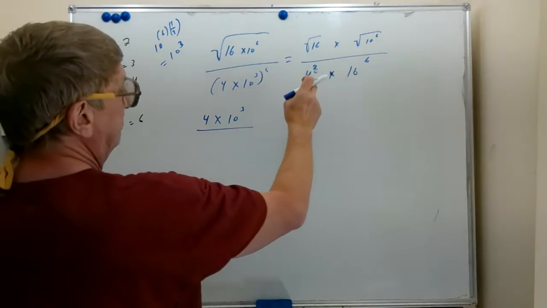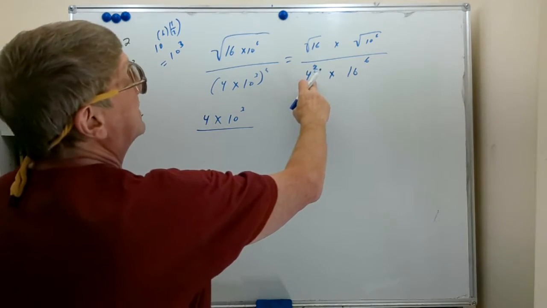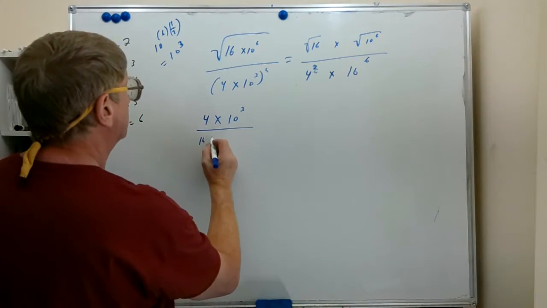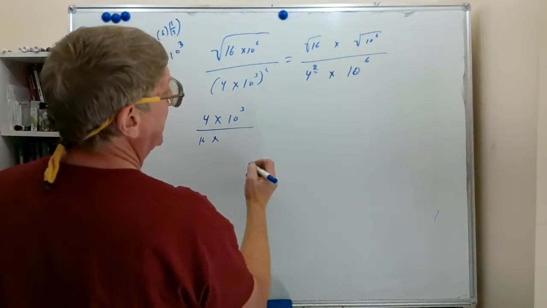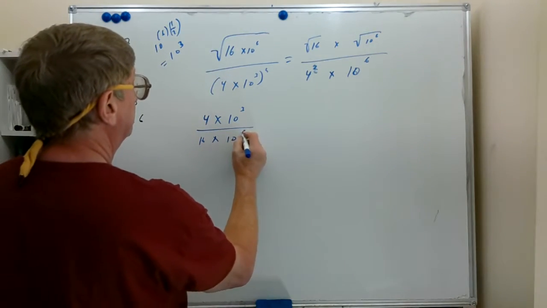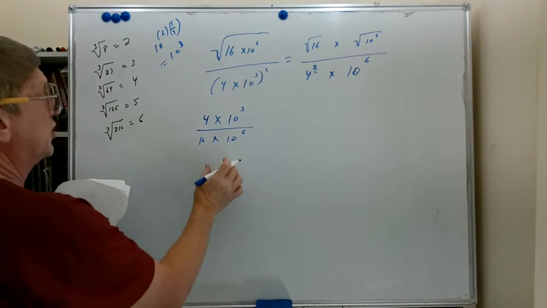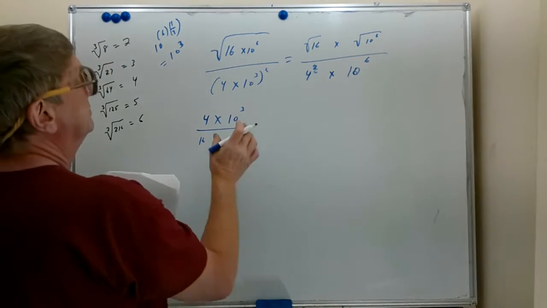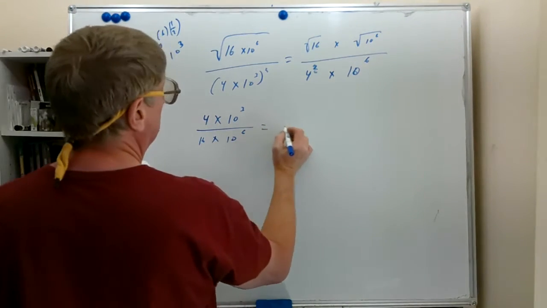Let's go ahead and just write that out as 16 times 10 to the 6th. Now we're going to separate this into the numerical portion and the powers of 10 portion.